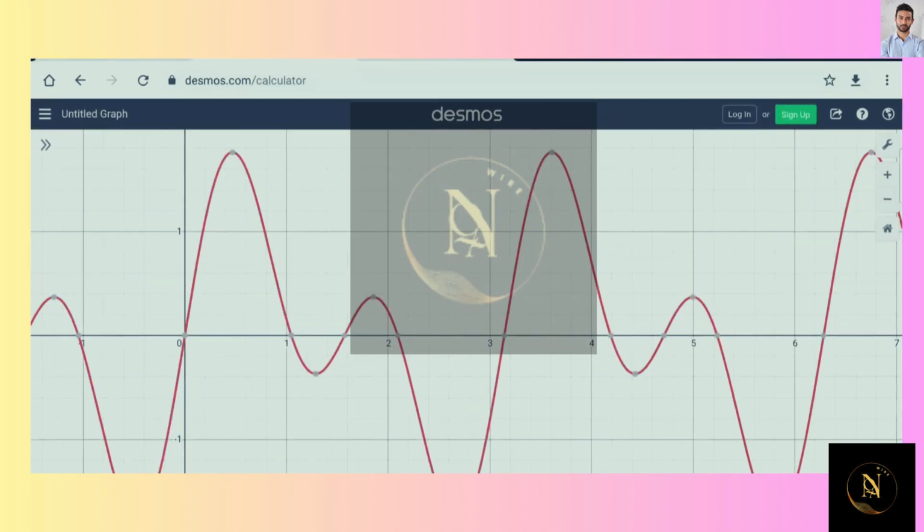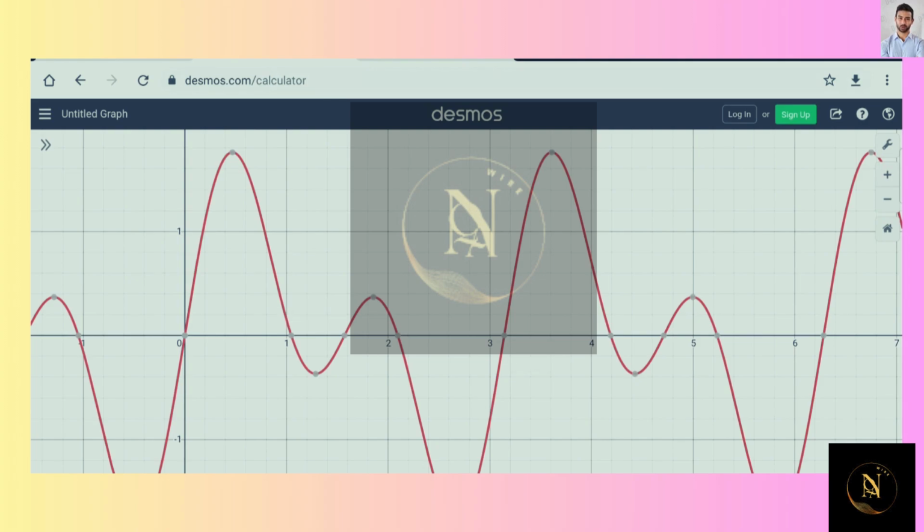So we're concave down on this first interval until our inflection point at around 0.8, and then we're concave up from 0.8 to our second inflection point, and then concave down until our third one, and then concave up until pi.